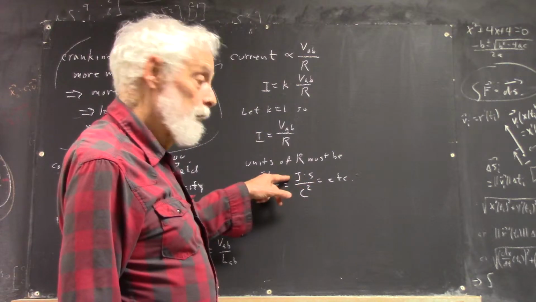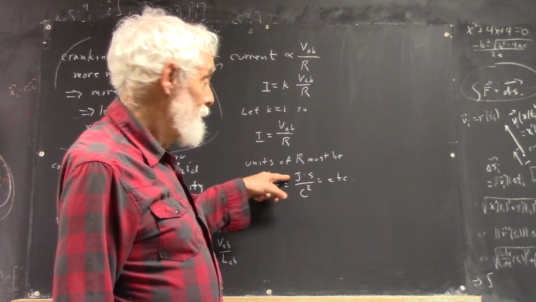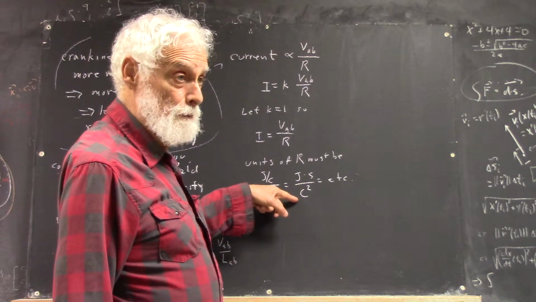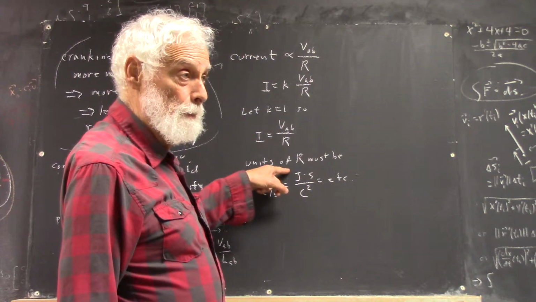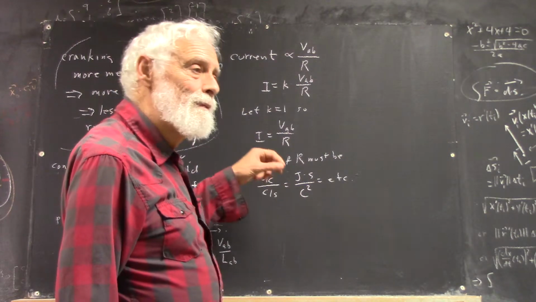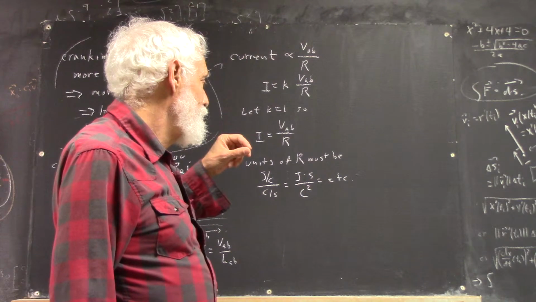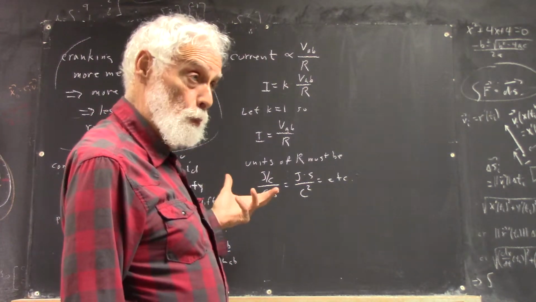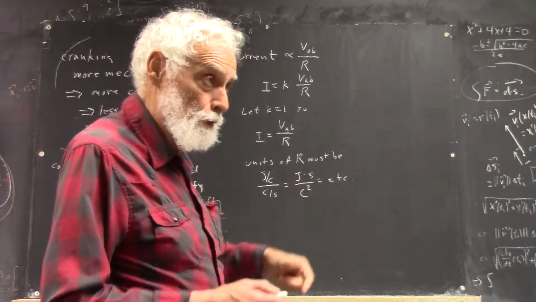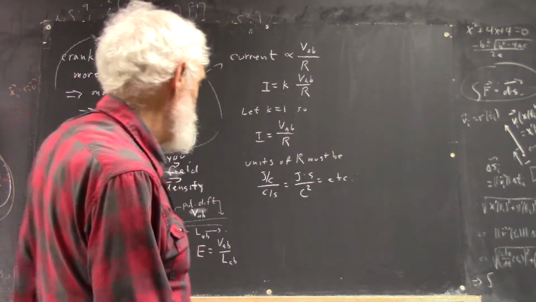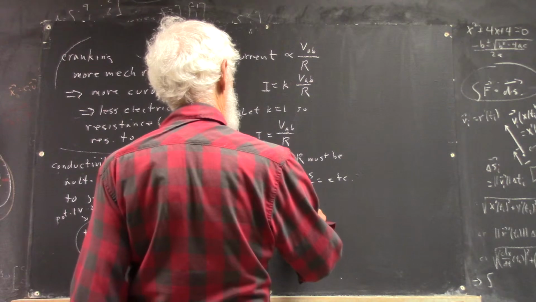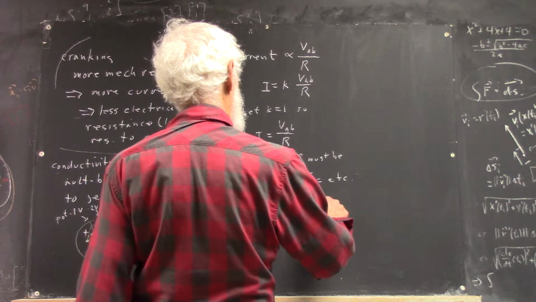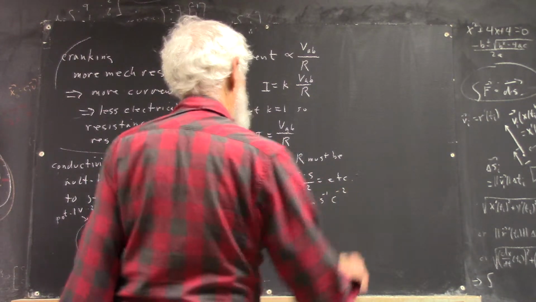That's a second, so it's a kilogram meter squared per second per coulomb squared. Or kilogram meter per second squared per coulomb squared, right? I'll get it right. So I think that should be kilogram meter squared per second coulomb squared.